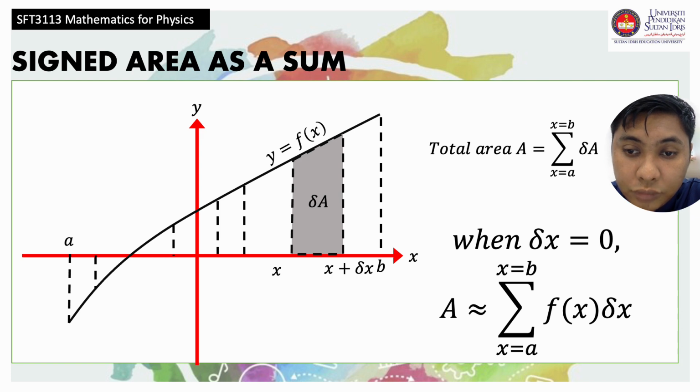And when dx is approaching 0, dA will become f(x) times dx.